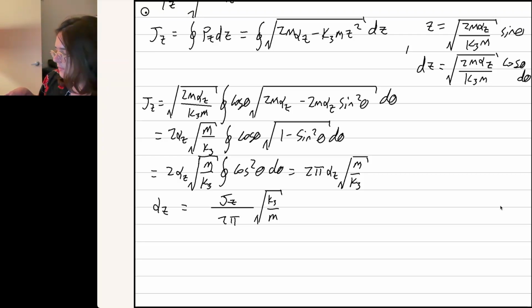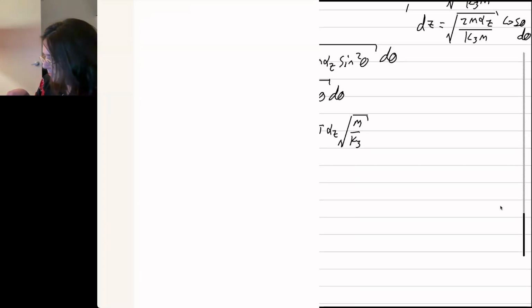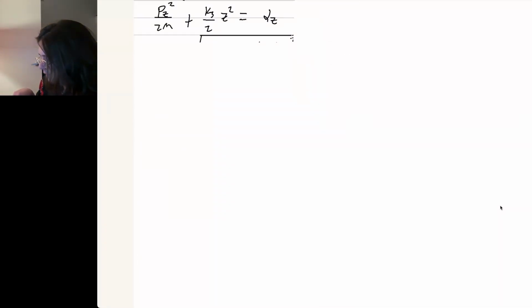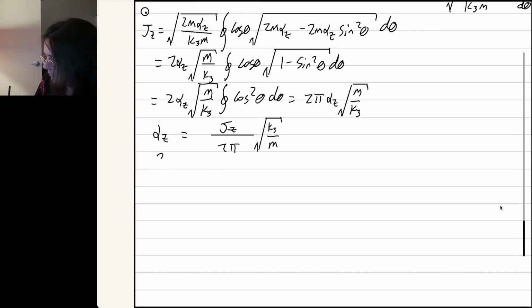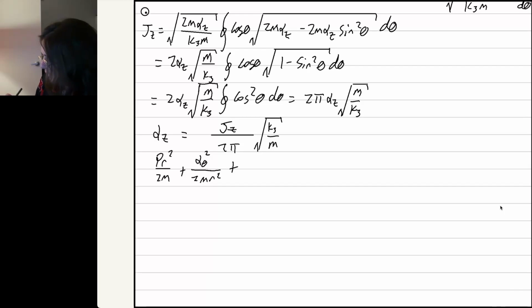We're now going to separate the r stuff out from our Hamilton-Jacobi equation. That's going to be pr squared over 2m plus alpha theta squared over 2m r squared plus, what was the other term?